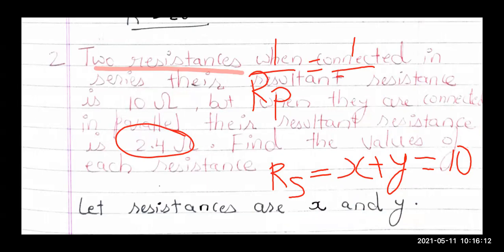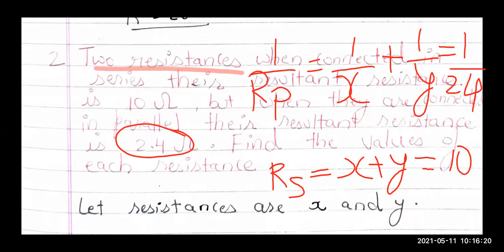But R1 is X, we have supposed, and R2 is Y, right? And Rp value is 2.4, right, beta? So you are going to solve these two equations. You are going to use these two equations and you are going to find the value of X and Y. Okay, so let's start with it.